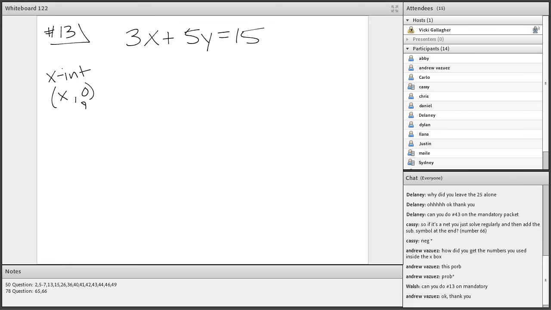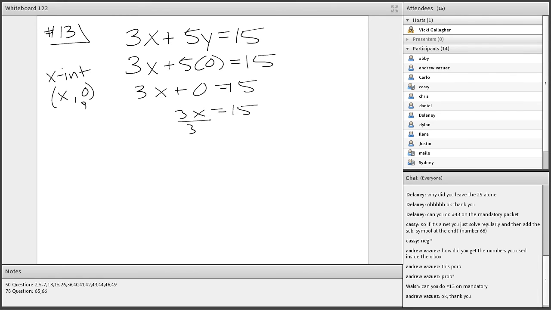So what I can do is I can go here and I can plug in a 0 for the letter y, and then I just need to solve for x. And so my x-intercept is 5, or the ordered pair 5 comma 0.